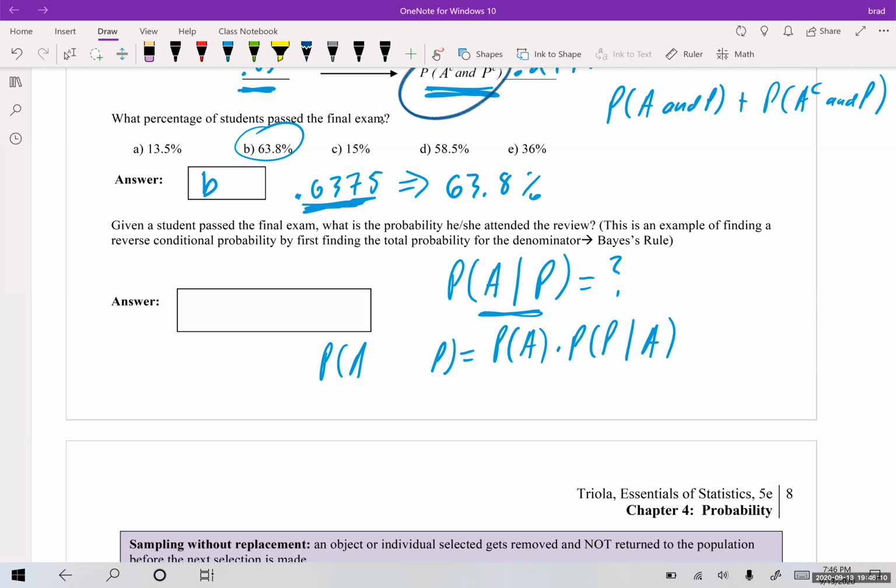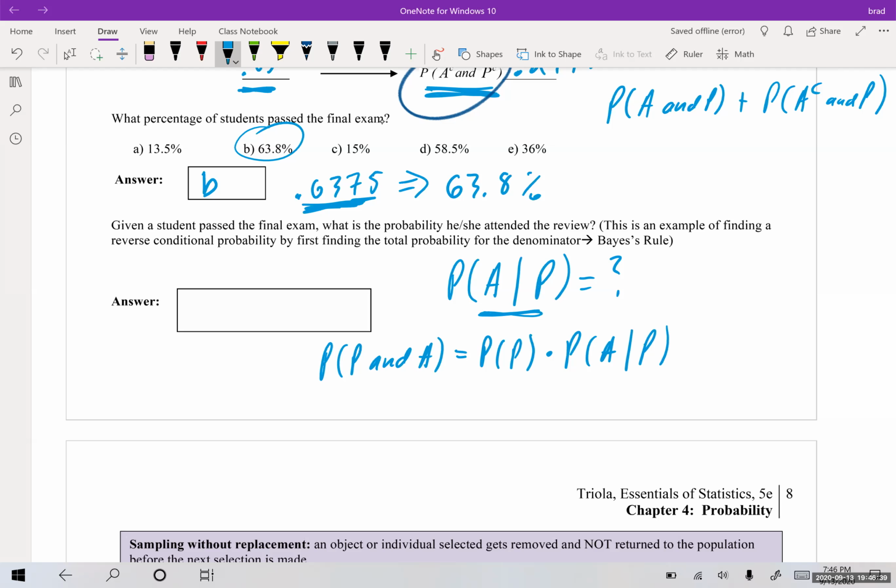So I'm going to do probability of passing times the probability of attending, given that you know they passed. Most of the time, the first one is the given.